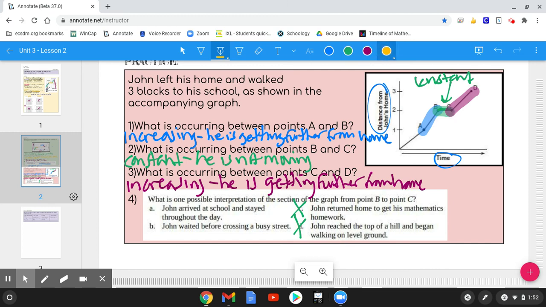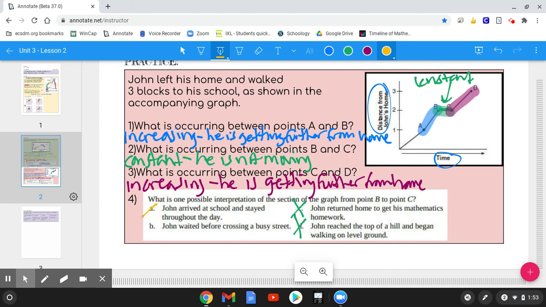So if this were a graph where he were staying at school and going back home, I might see the graph decrease. I also notice that the segment that's constant, B to C, is smaller than the amount of time it took him to get there, this AB segment. So that means he spent more time walking here than he did here. I don't think he'd spend more time walking to school than he did at school.